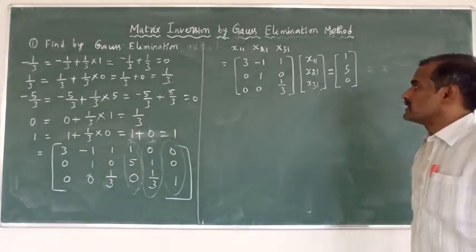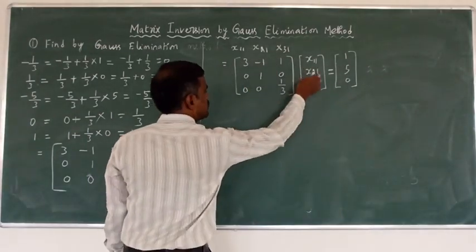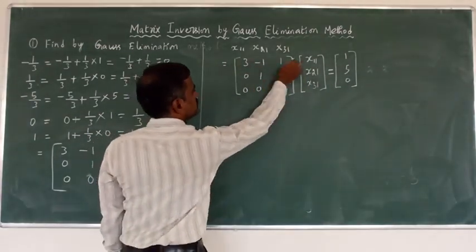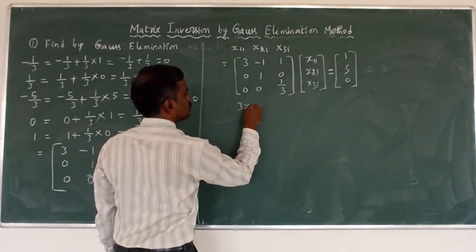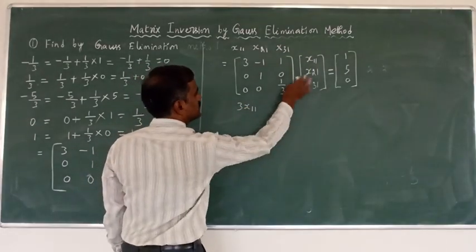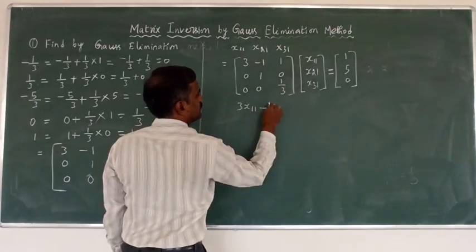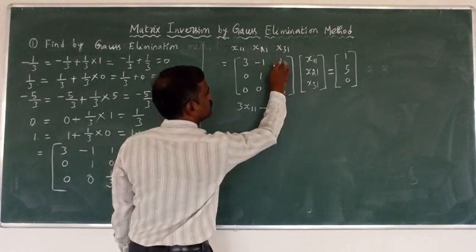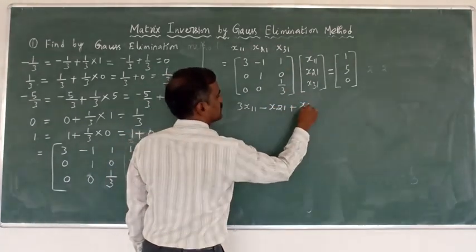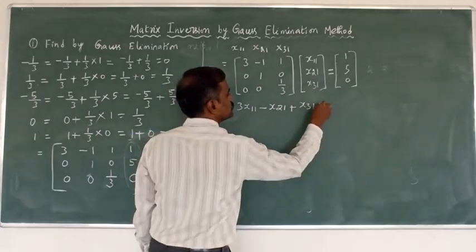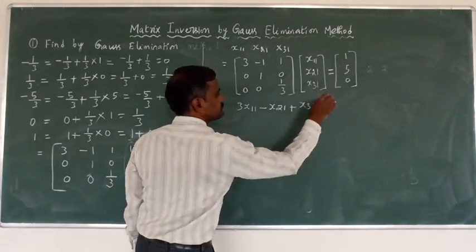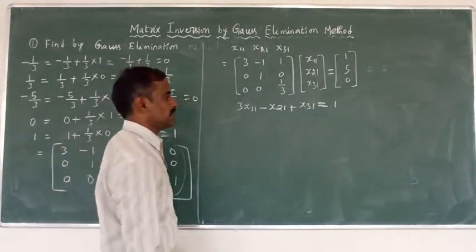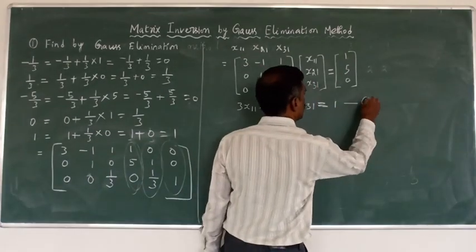Now to multiply this one, this is for 3 x11 minus x21 plus x31 equal to 1. This is for equation number 1.